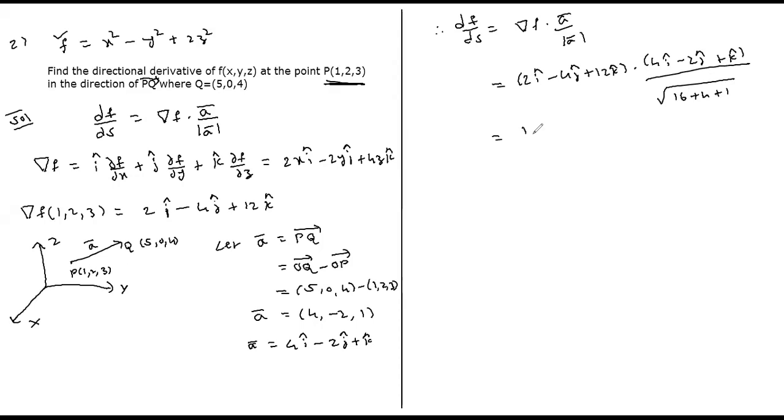So this is 1 by root 21. 4 twos are 8, plus 8, plus 12. So the answer is 28 by root 21. Is that okay?